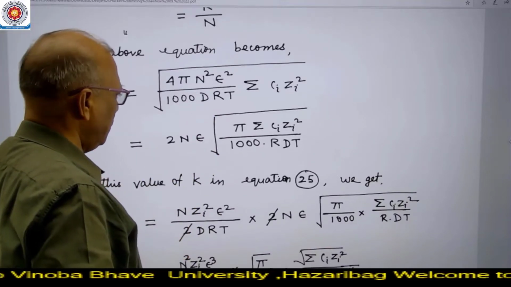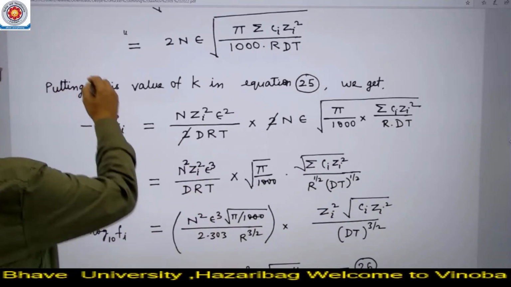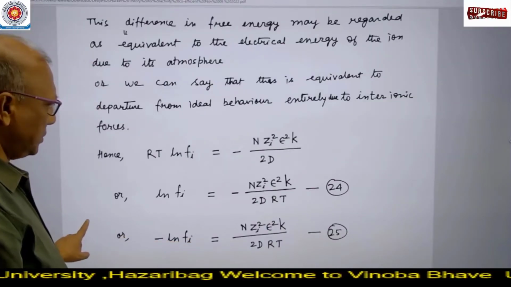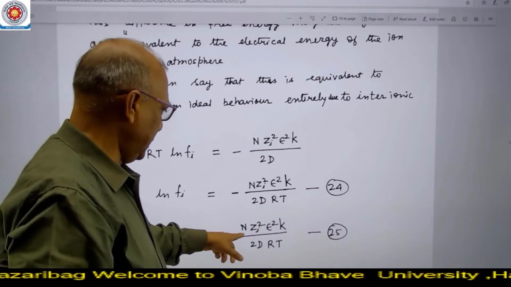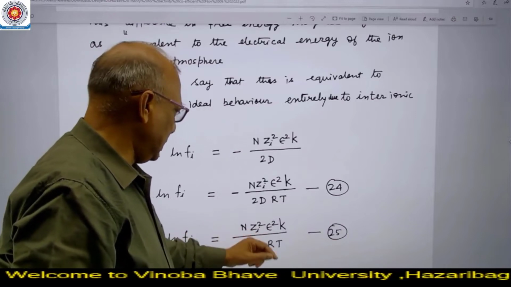Now putting this value in equation 25. What is equation 25? We have already discussed it in my previous lecture. This is equation 25: minus ln fi is equal to N Zi square epsilon square K divided by 2DRT.